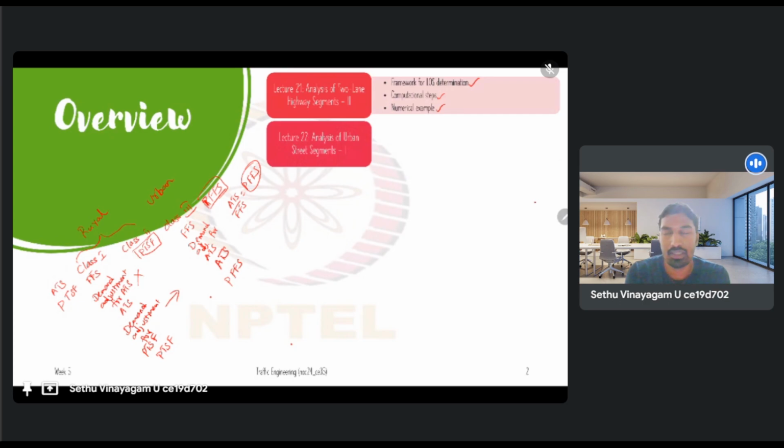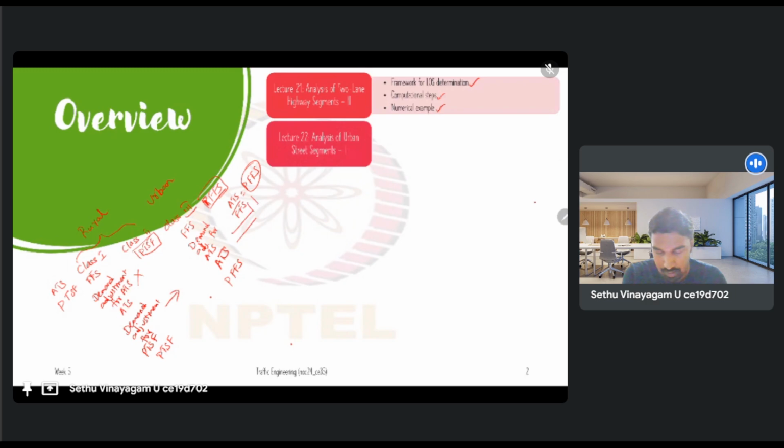So these urban street segments, what are these urban segments? They occur in the developed areas, right? So mostly highways connect different parts, long distance connections, whereas these urban street segments exist within developed areas, right? So basically you will have different intersections, right?